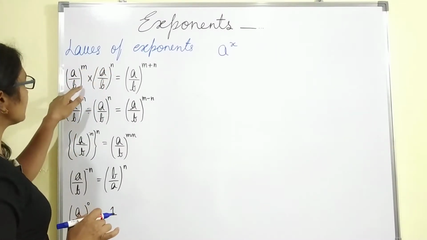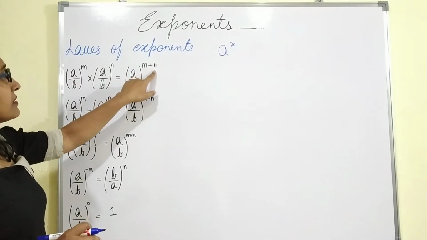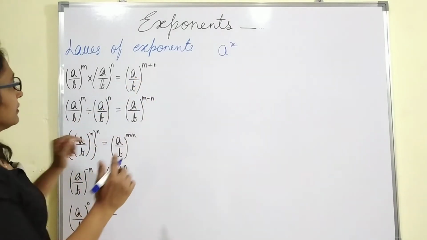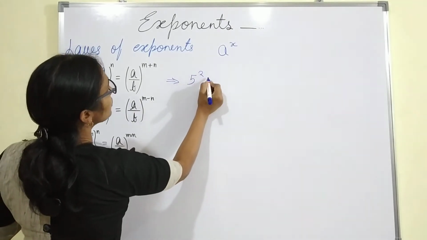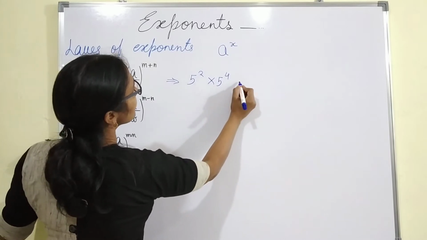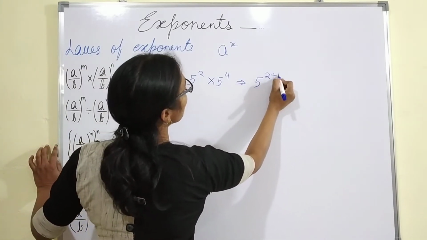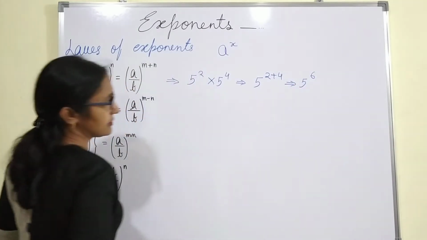So when the bases are the same and powers are different, their powers add up. Example: 5 to the power 2 into 5 to the power 4. The bases are the same here, so it will become 5 power 2 plus 4, that is 5 power 6.